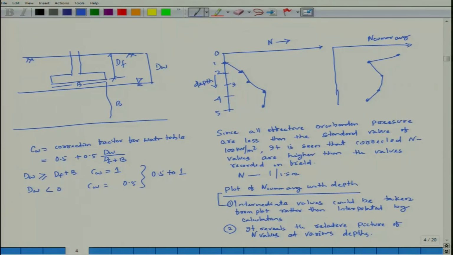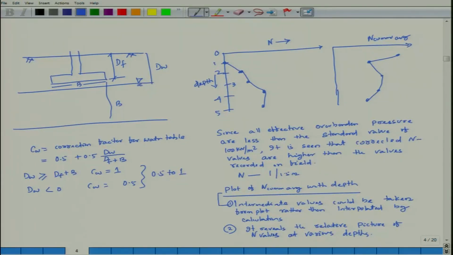How do you measure the N? SPT N, as I discussed earlier, we measure every 1.5 or 1 meter interval below the ground surface. Now, what advantage should we get from the N cumulative average?